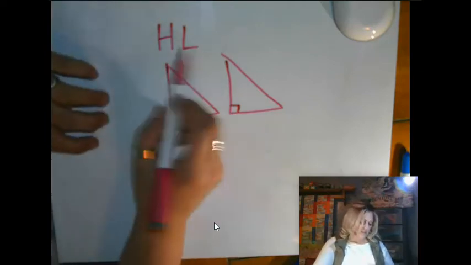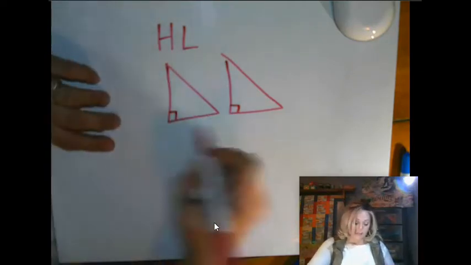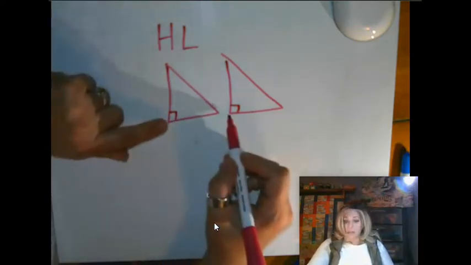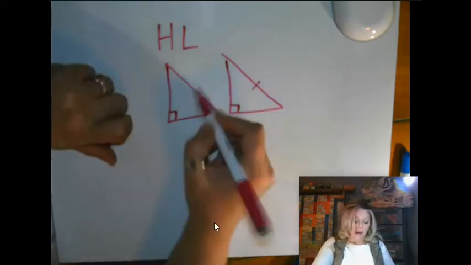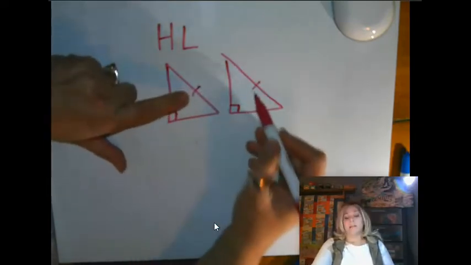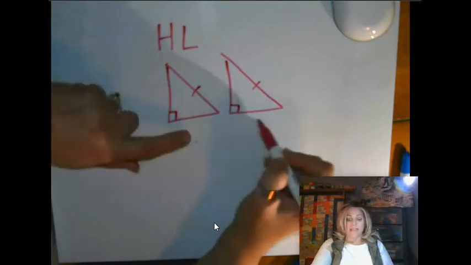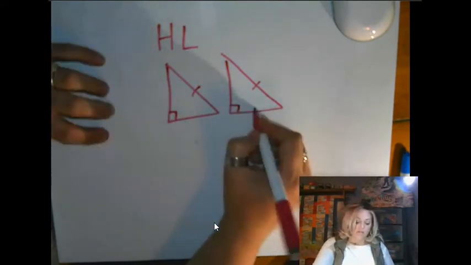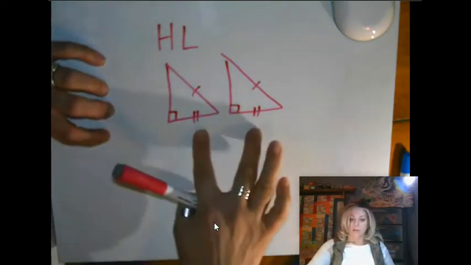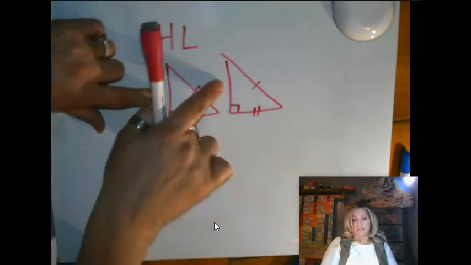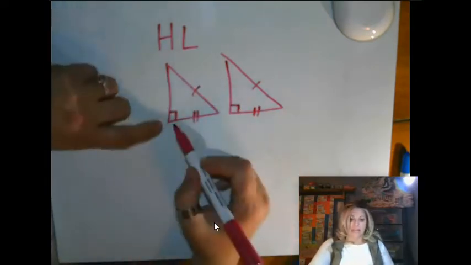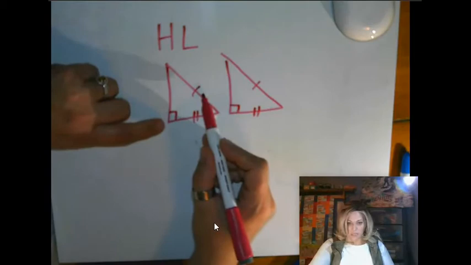So it's hypotenuse, leg. You'll be given that it's a right triangle. The hypotenuse has to be marked on both triangles. And then one of the sides, and it doesn't matter which one, has to be marked, whether it's the ones on the bottom or the ones on the left. It's okay either way. But notice ASS doesn't work.